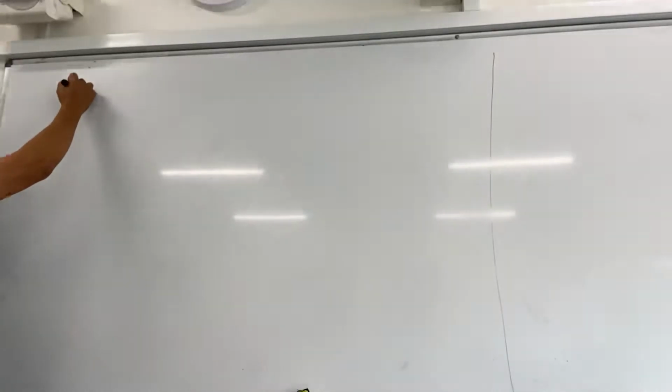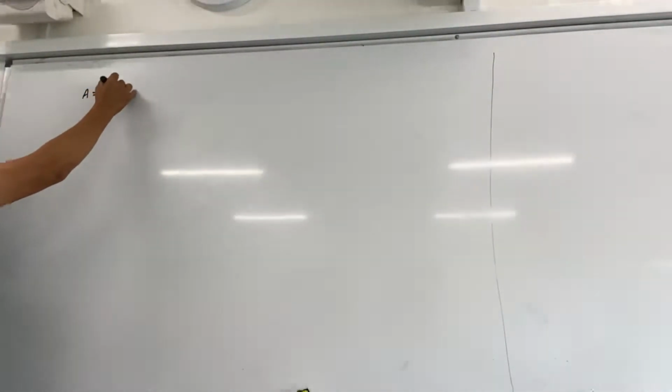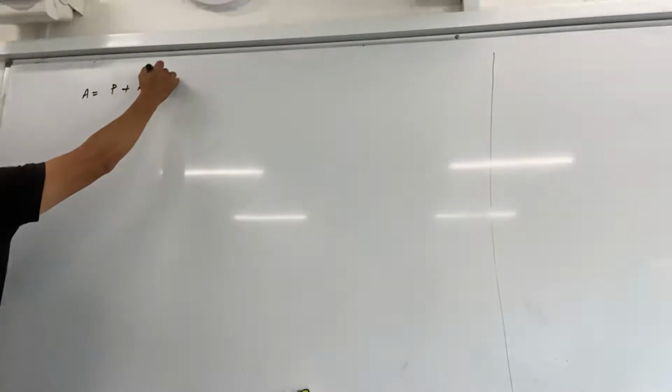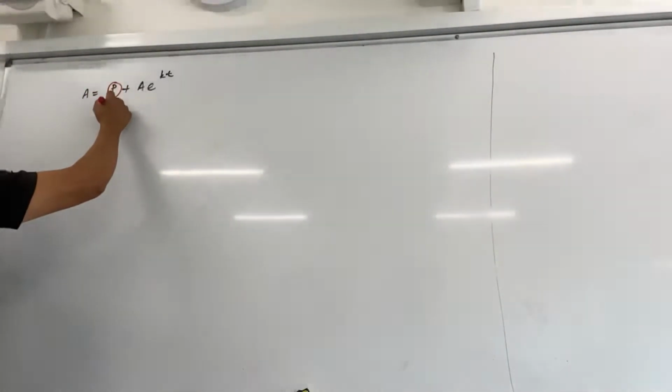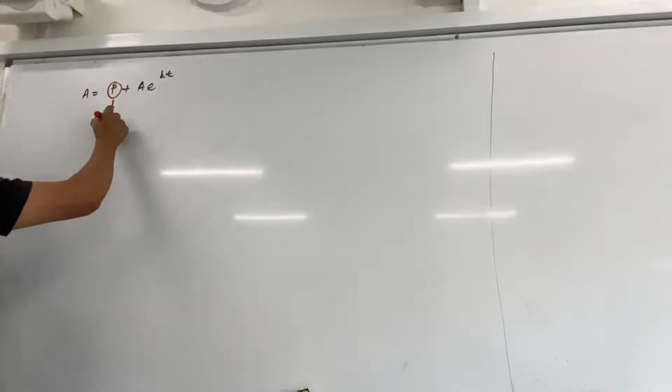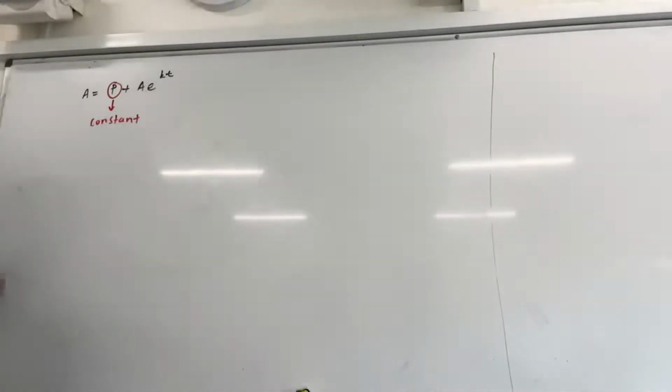What would it be like if I asked you to graph this? Now, that's a constant. That's just some constant P. Now, an exponential curve has this shape.